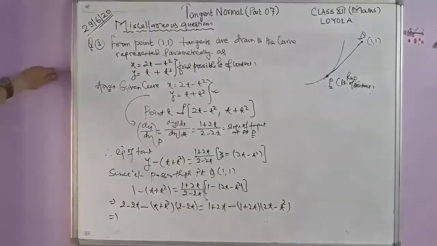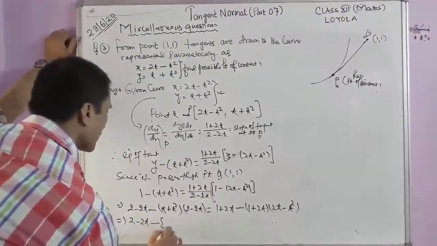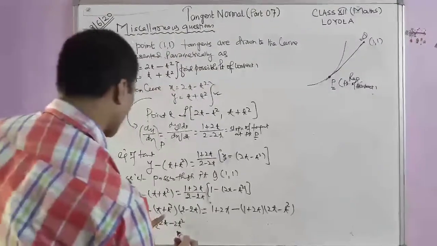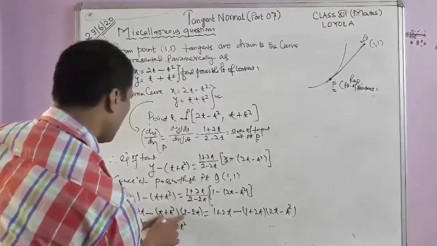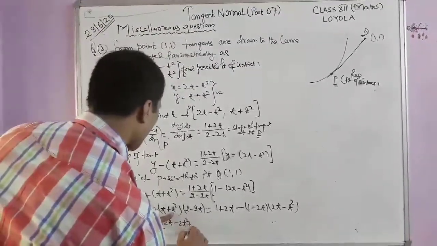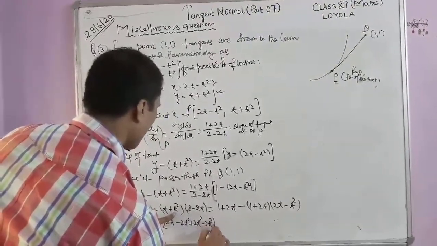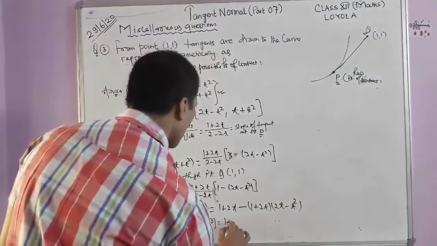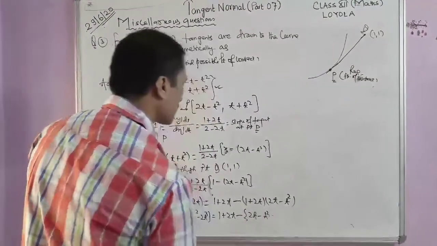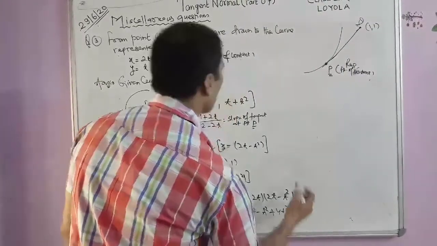Expanding both sides, the left side gives 2 minus 2t minus 2t plus 2t square minus 2t square plus 2t cube, and the right side gives 1 plus 2t minus 2t minus t square plus 4t square minus 2t cube.